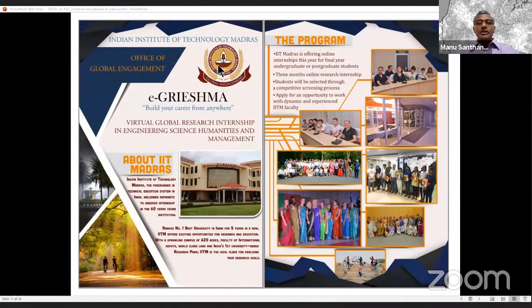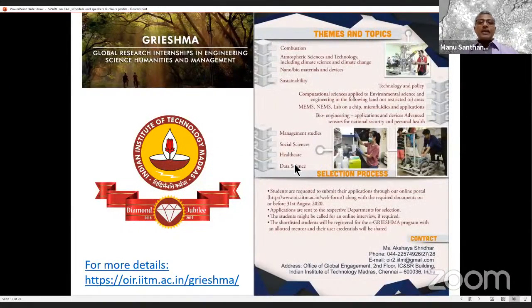We have been ranked #1 for the last 5 years amongst the Indian universities. This is a unique program which is being offered for final year undergraduate and postgraduate students. It's a 3-month online research internship, and there's a screening process through which selections will be made. There'll be an opportunity to work with the IITM faculty in this program.